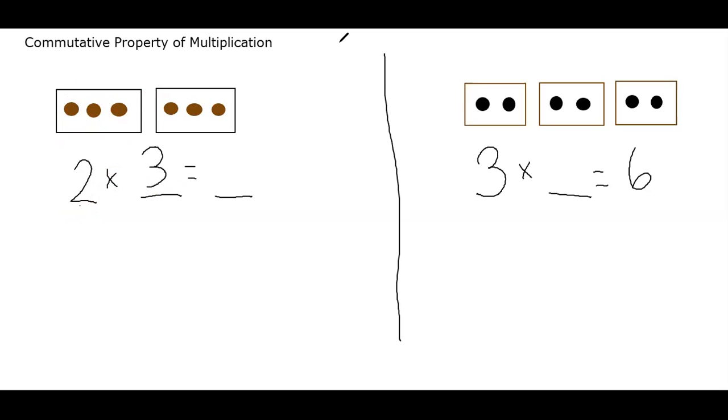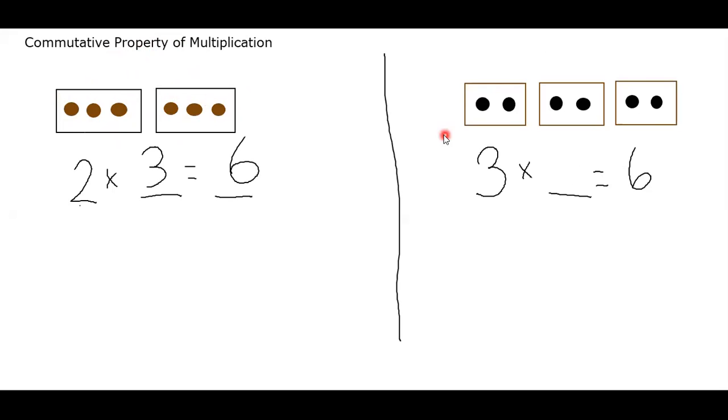So I have 2 groups of 3, and all together, I have 1, 2, 3, 4, 5, 6. This picture shows me that 2 groups and 3 in each group equals 6 altogether.